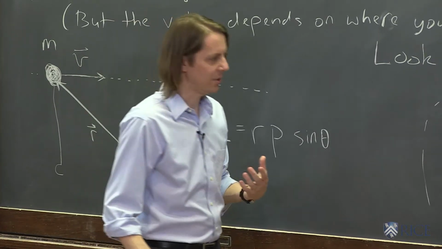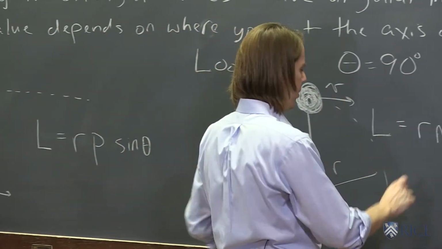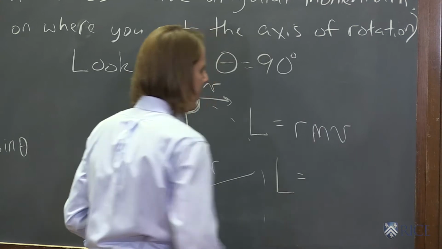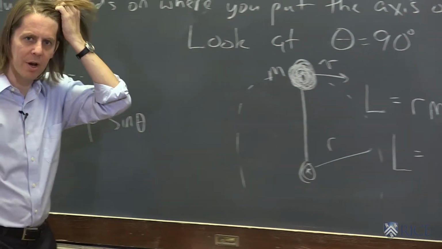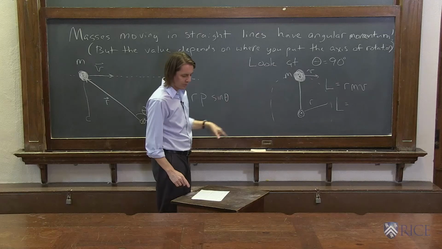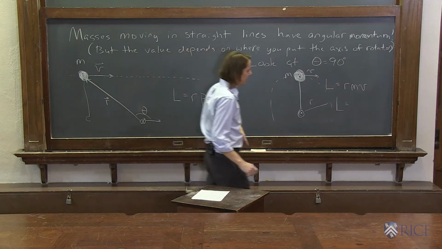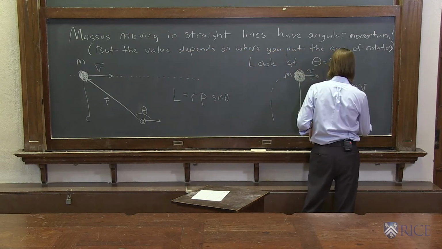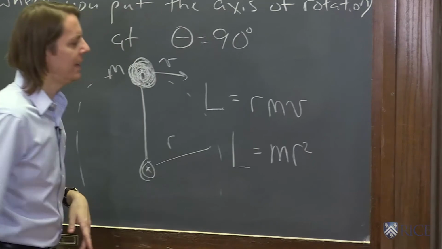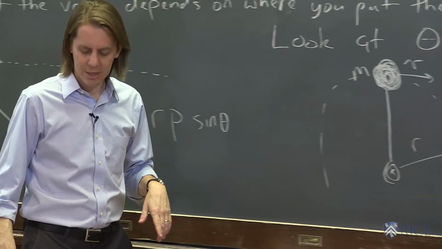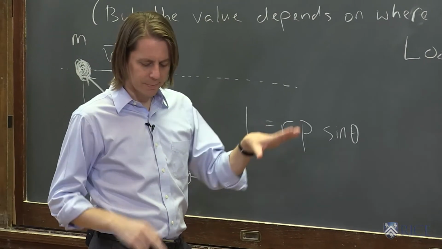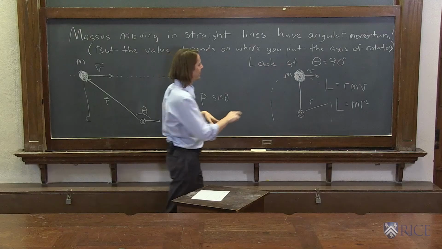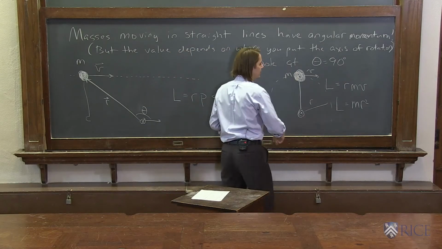L is I omega if you have something that's rotating. So what is I? For a point mass moving around in a circle, I is m r squared. And what is omega? Omega is v over r, the angular velocity just from the speed as it goes around.